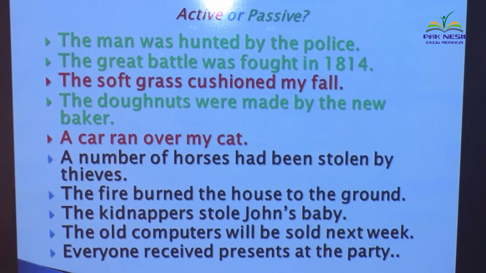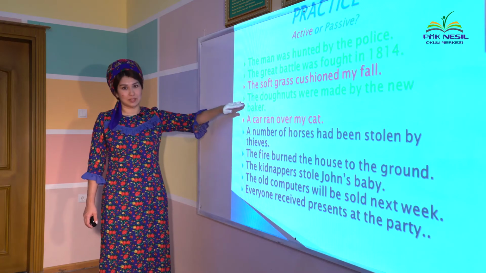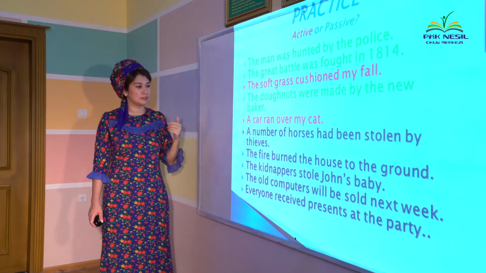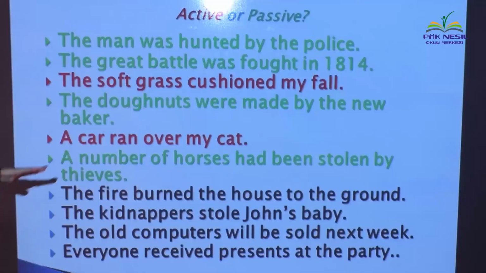So, the next sentence is, a number of horses had been stolen by thieves. I think it's also easy, like the sentence about the donuts, right? So, of course, it is passive voice because we have by thieves, right? Next one is, the fire burned the house to the ground. How do you think? What voice is this?